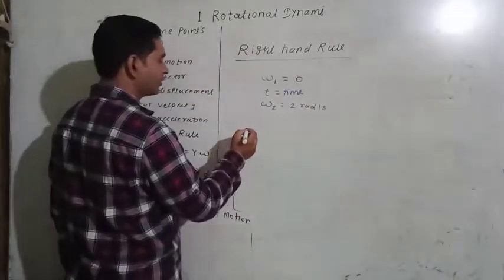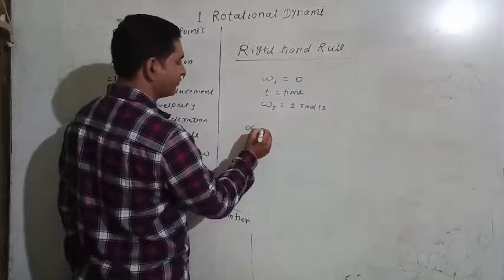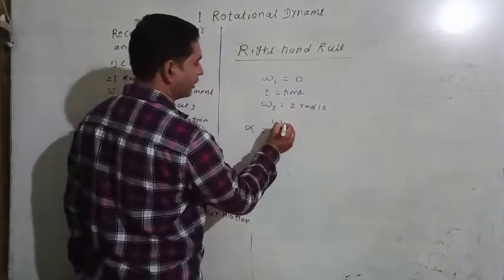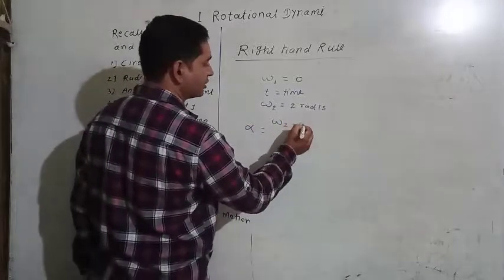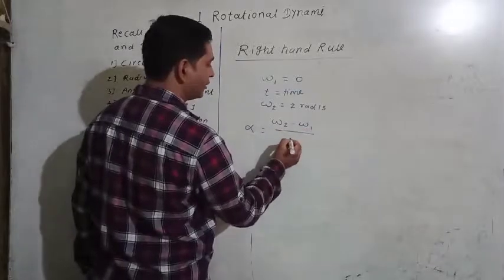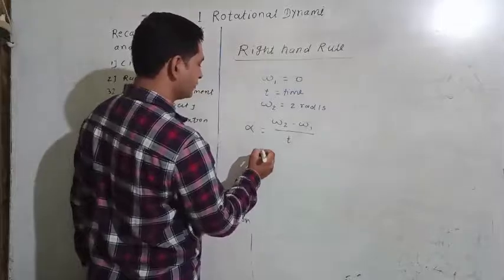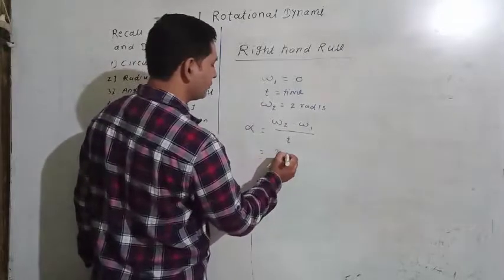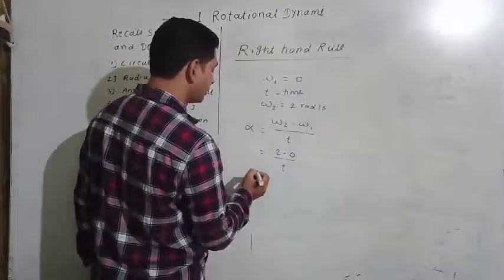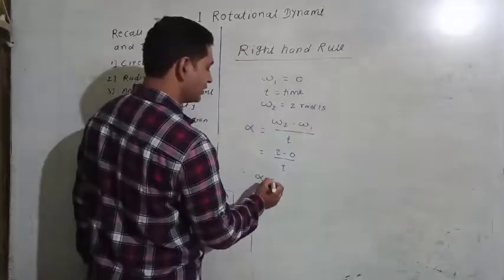Then what is the angular acceleration? Alpha equals final angular velocity minus initial angular velocity divided by time t. Here we take 2 minus 0 divided by t, so alpha is positive.